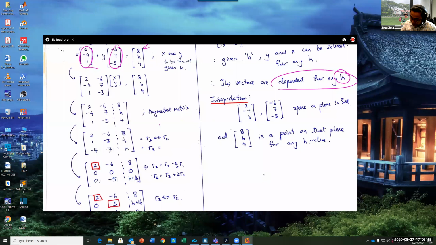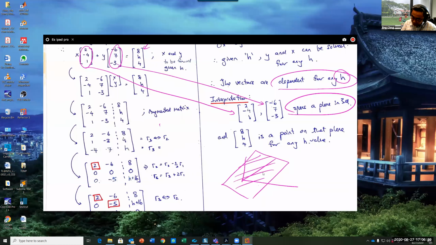Maybe it is a plane. So their linear combination is a plane in R3. Let's call this X, Y, and Z. And what about this guy? Where is he?